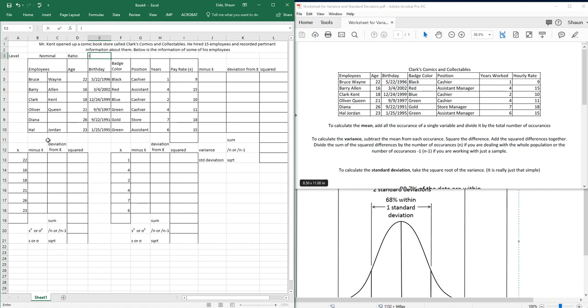That would be interval. Badge color would be nominal. Position would be ordinal. Years, this is years worked, would be ratio. And then pay rate finally would be ratio.